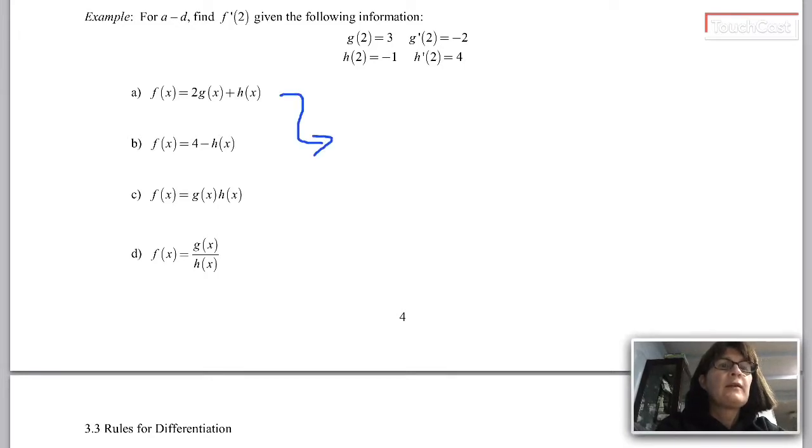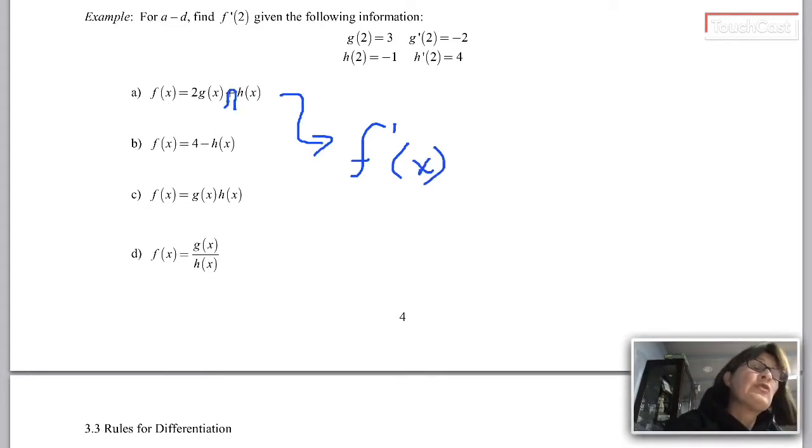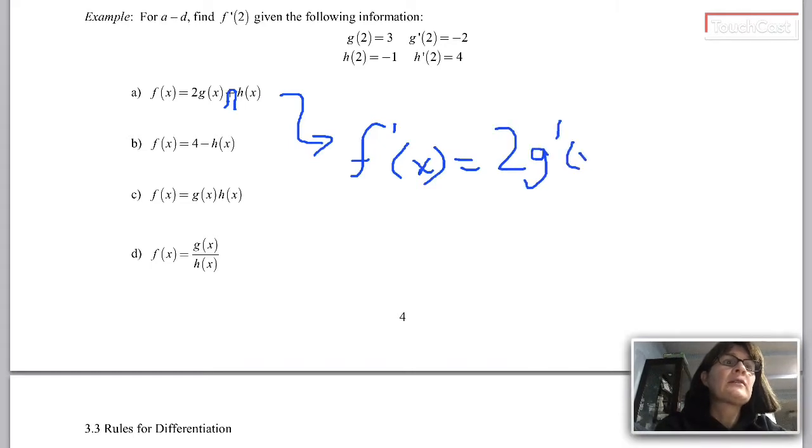This is letter A. F prime of x, this is a sum. So to find the derivative of a sum, I find the sum of the two derivatives. The derivative of 2g of x, that's a constant multiplier, 2, times the function g of x. So it's going to be 2 times g prime of x, plus the derivative of h of x is called h prime of x.